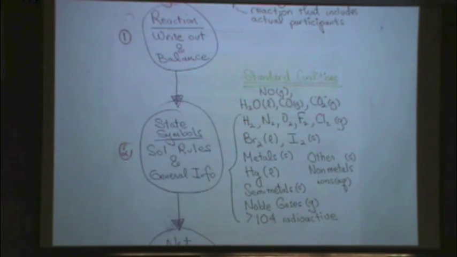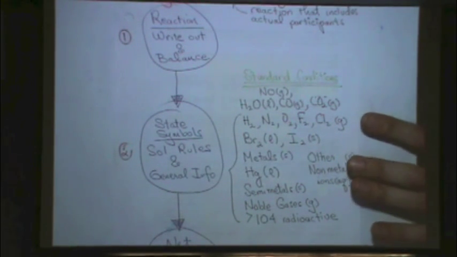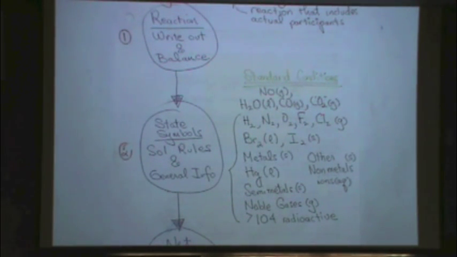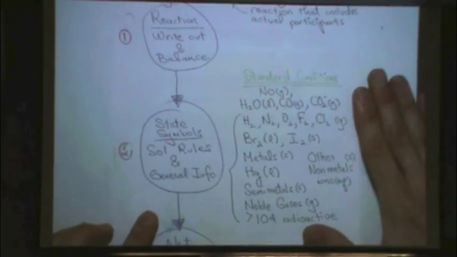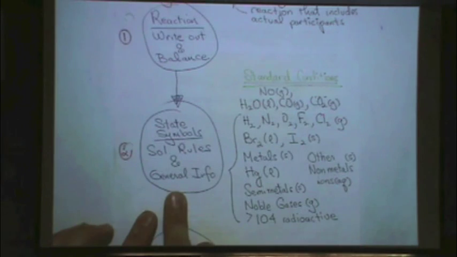That's standard conditions, or your general information. Sometimes you need to know, like water is a liquid, so you know to put an L after water. So use either the solubility rules or general information from your standard conditions to figure out state symbols.